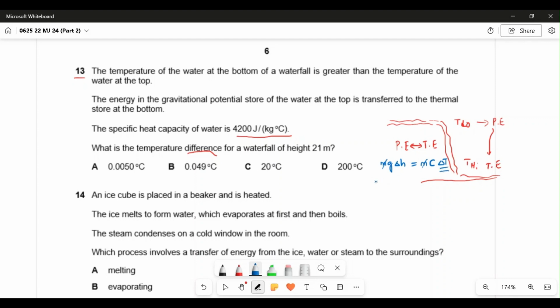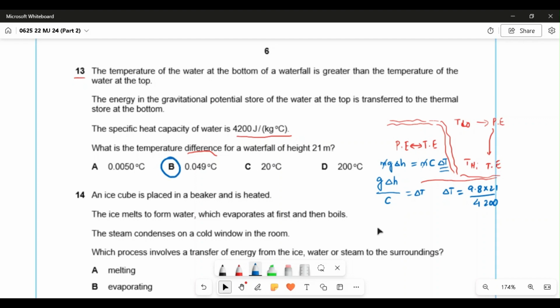So change in temperature will be g times height over specific heat. I can simply substitute the values. Change in temperature is 9.8 times 21 over 4200 joule per kilogram Celsius, and the answer is option B, 0.049 Celsius.